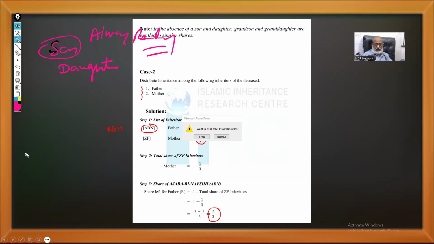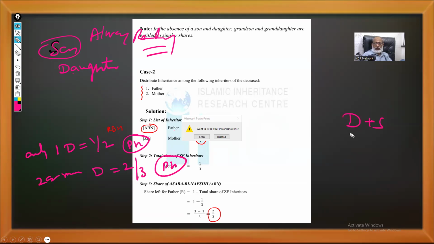If the daughter is alone, only one daughter, she will get 1/2 as a primary heir. If there are two or more daughters, they will get 2/3 as primary heirs. When the daughter is with the son, then the daughter becomes a residuary due to the son.